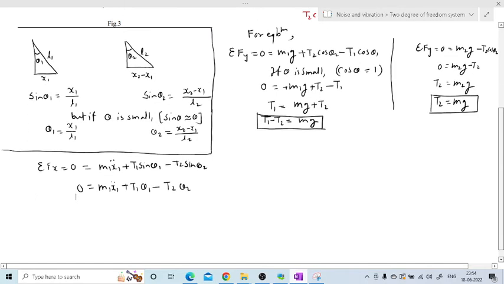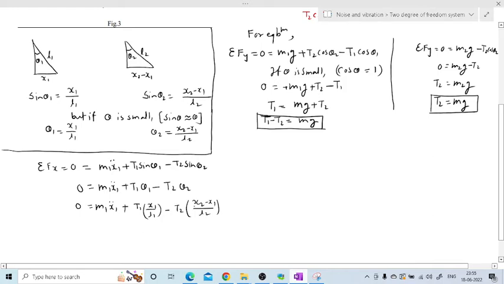Now put the value of theta 1 and theta 2. Here you can see we have the value of theta 1, we have the value of theta 2. So just put the values. So m1 x1 double dot plus, what is the value of theta 1? It is x1 by L1, minus T2. What is the value of theta 2? x2 minus x1 divided by L2.